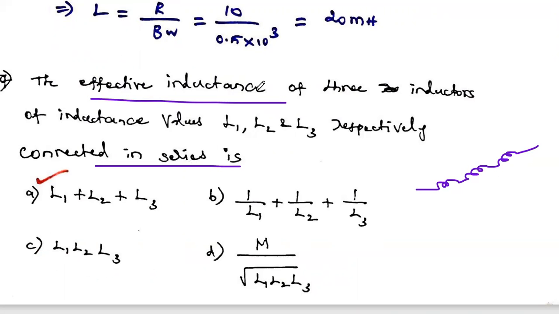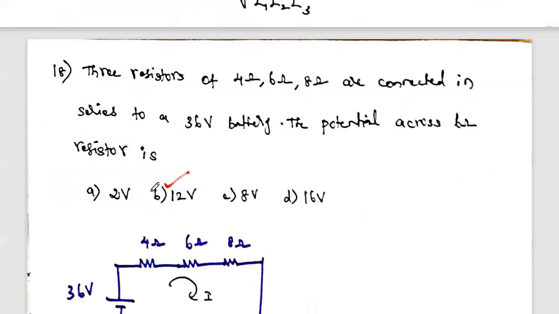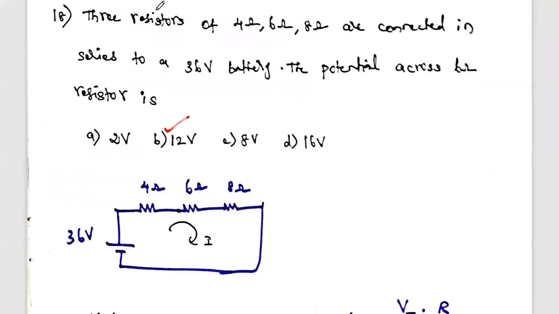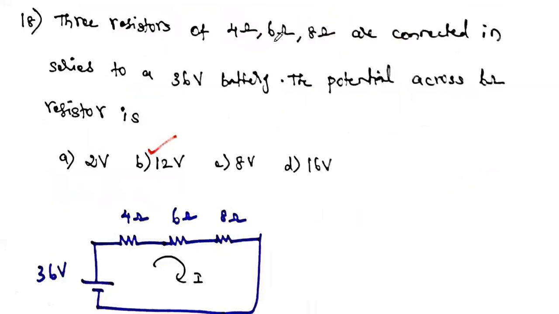Effective inductance means the total inductance, which is nothing but the addition of L1 plus L2 plus L3. Similar to resistance, if inductors are connected in series, the total inductance value is nothing but the addition of the individual values.